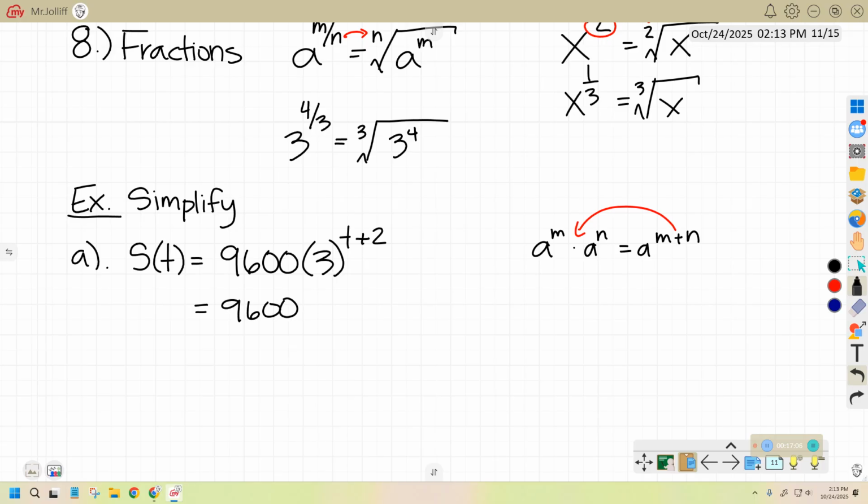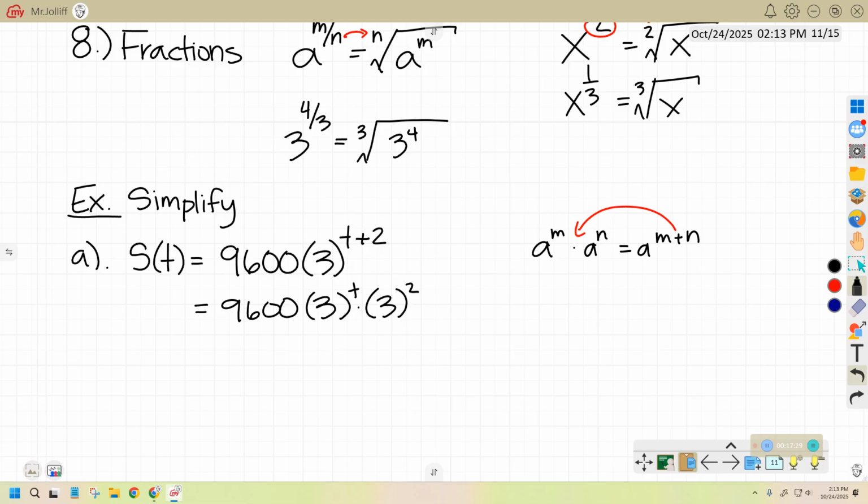So the 9600 is just going to come along for the ride. When I separate this exponential, 3 to the t plus 2, what am I going to get? Yeah. 3 to the t times 3 to the 2.